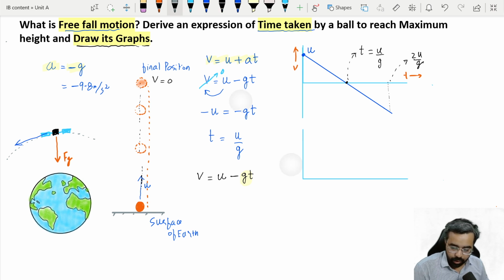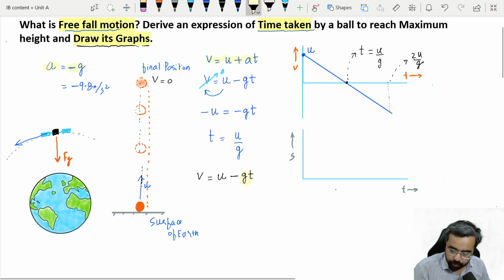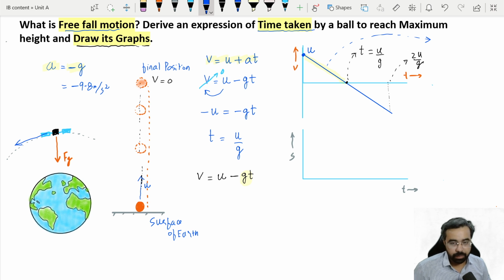Okay. Now we are going to draw the displacement time graph, or you can also say position time graph, showing how the position was changing. You can see in every next regular interval, the displacement covered is decreasing. So if you focus on this part of the graph, we see that the velocity is positive, but decreasing.